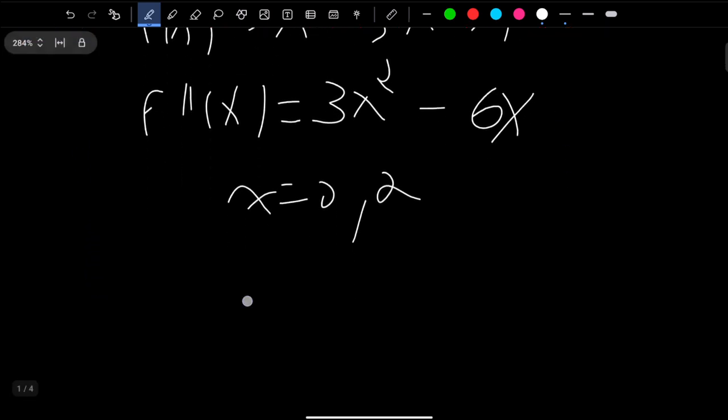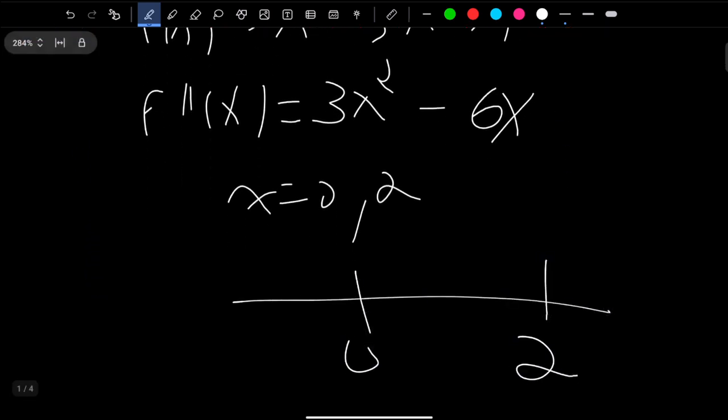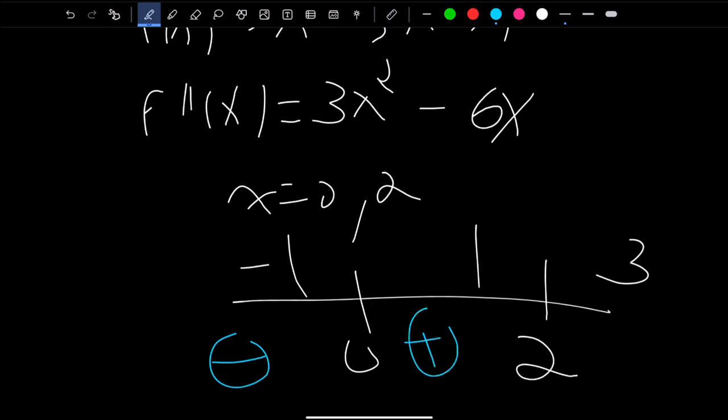Now what do we do with these? Make another chart, 0, 2, plug in like a 1, a 3, negative 1. And then with this, we find our concavity. Go ahead and pause the video to figure this out. So we find that this is negative, positive, and we find that there is a local minimum at 2.